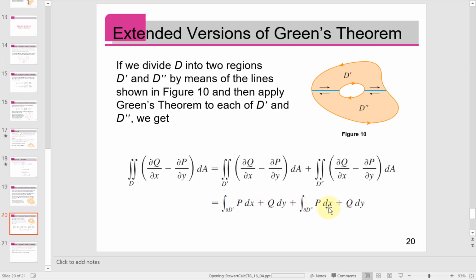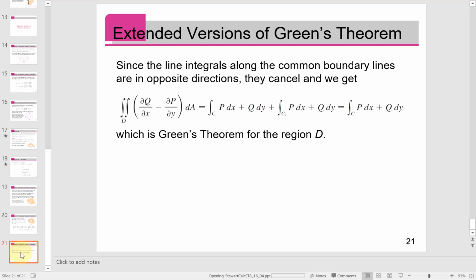But the beautiful thing is that each of these parts, these bridges, these blue segments, we traverse in opposite directions, and so the line integrals over those intervals will cancel. Since the line integrals along the common boundary lines are in opposite directions, they cancel.